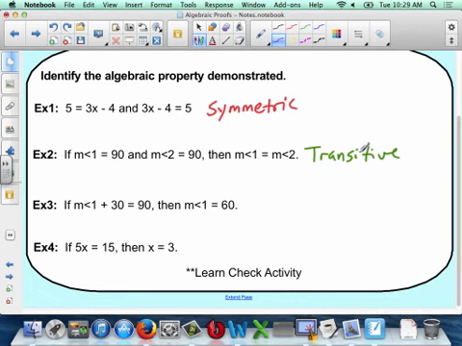Patrick, what did we do? We subtracted 30. So this is actually a subtraction property.